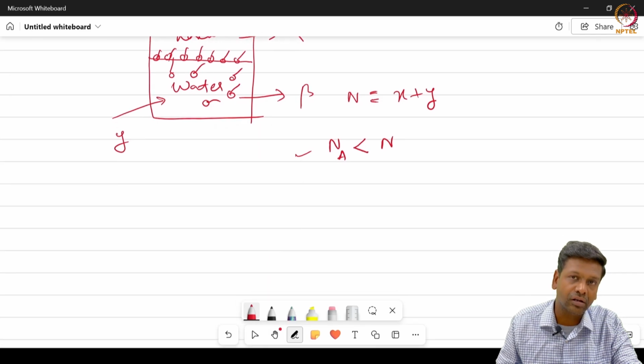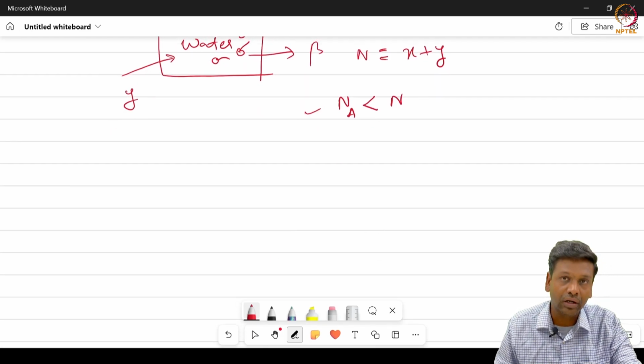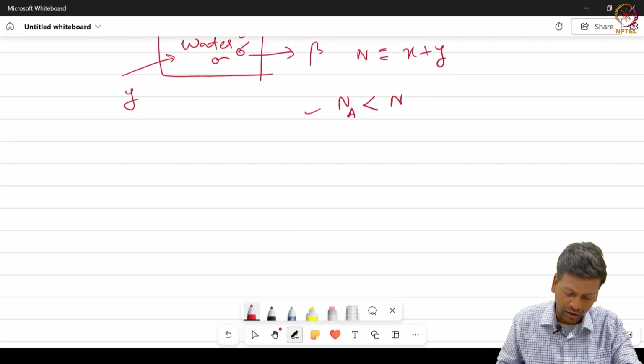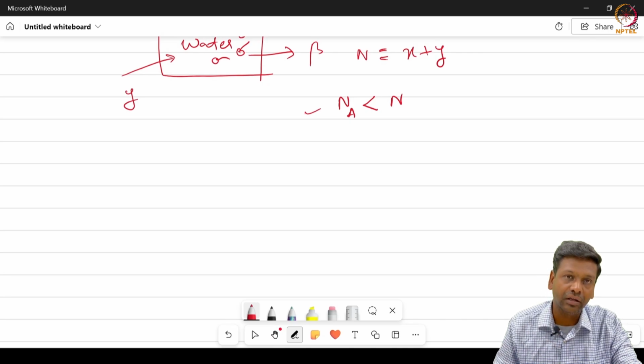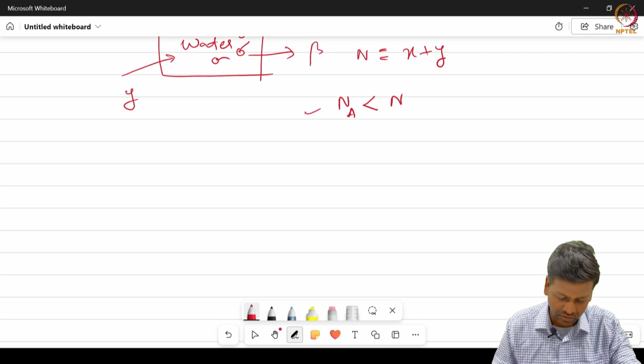These surfactant molecules will not be available. So, this is one consequence. Similar way you can also understand the negative consequence when you measure the surfactant molecules in the bulk when you talk about the negative surface excess.